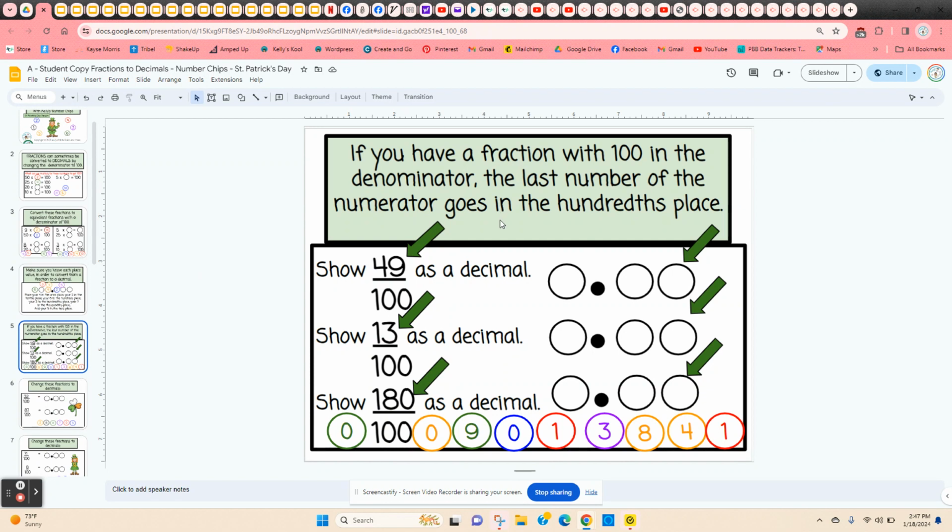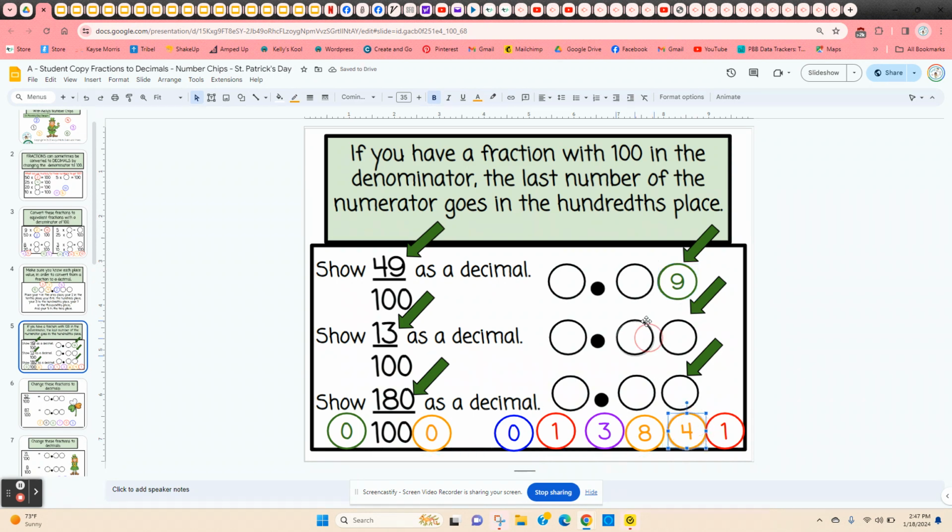On the next slide, it explains that if they have a fraction with 100 in the denominator and they want to convert it to a decimal, one way to look at this is that the number on the far right in the numerator will go in the hundredths place. So 49 hundredths, we know that 9 will go here in the hundredths place.